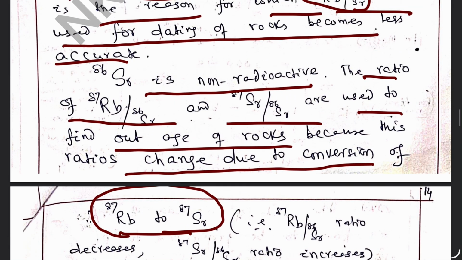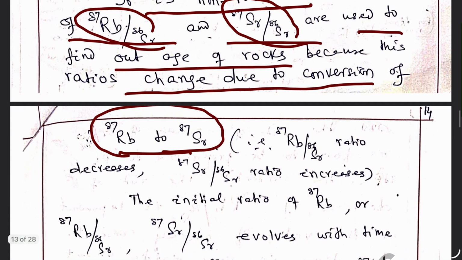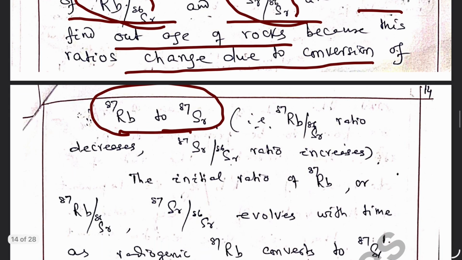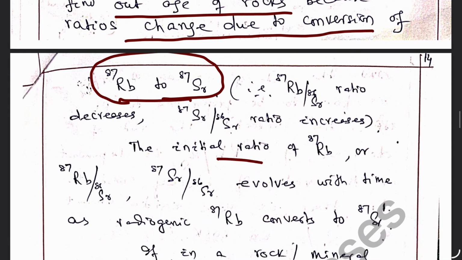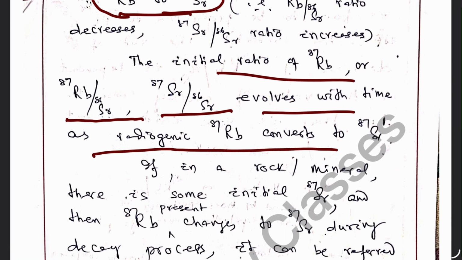That's why the ratios of rubidium-87 by strontium-86 and strontium-87 by strontium-86 are used to date the rocks and minerals. The initial ratio of rubidium-87 by strontium-86 and strontium-87 by strontium-86 evolves with time as radiogenic rubidium-87 gets converted into strontium-87.